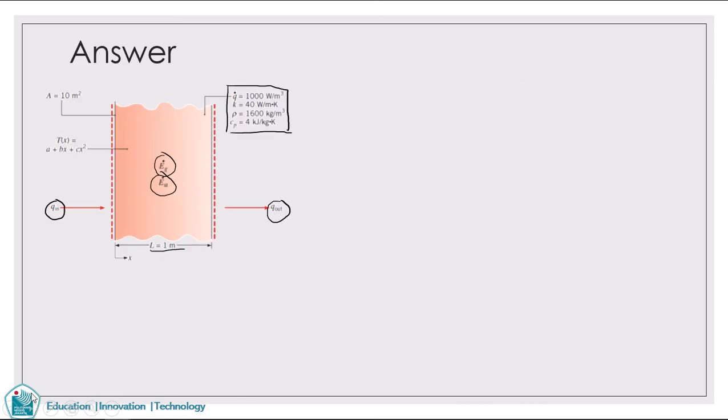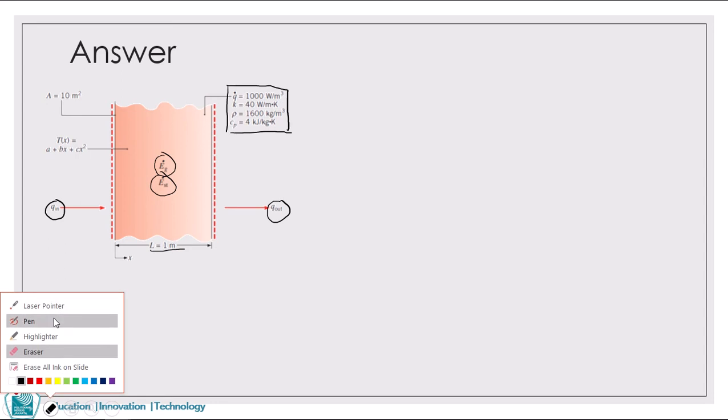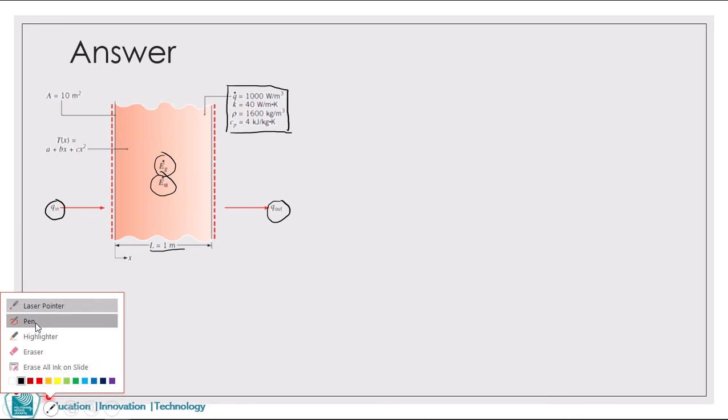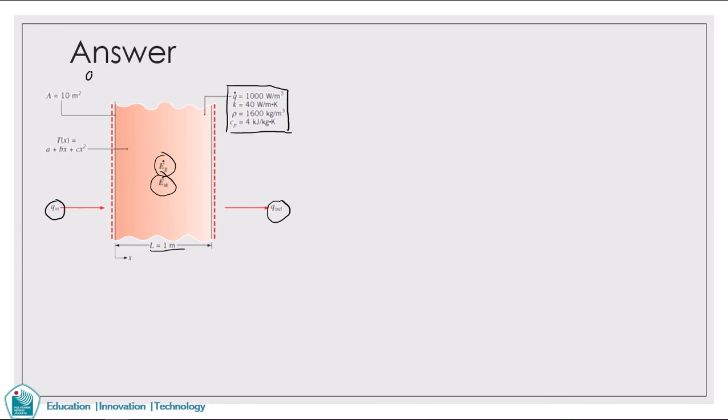Okay, let's write here: A equal to 900 degrees C, B equal to minus 300 degrees C per meter, and C is minus 50 degrees C per square meter. Okay, these are all the variables we need.